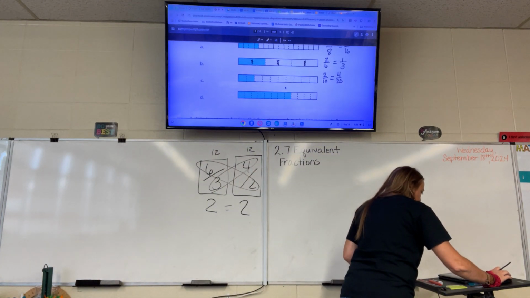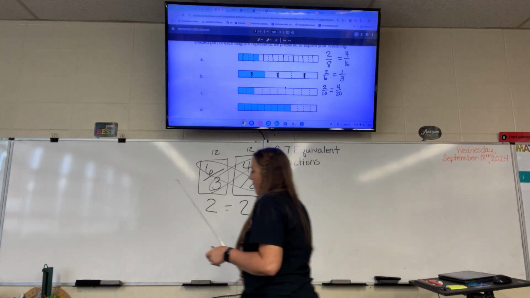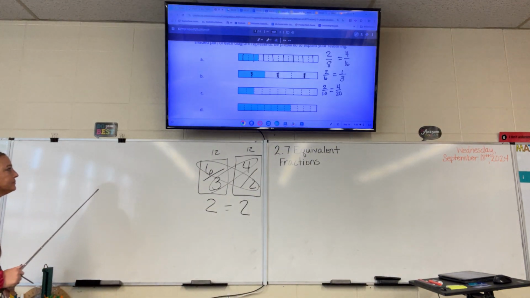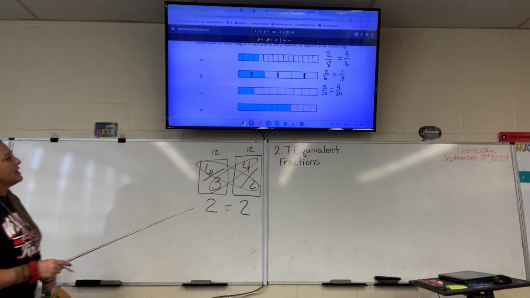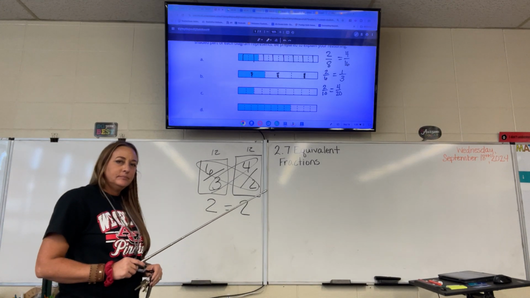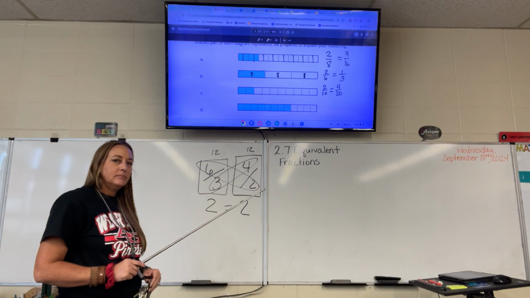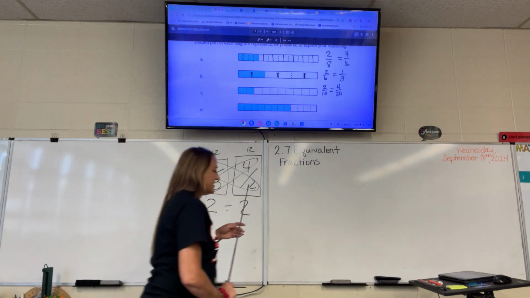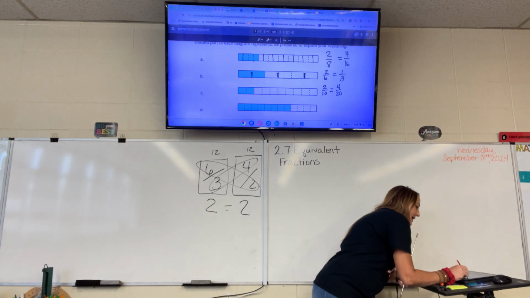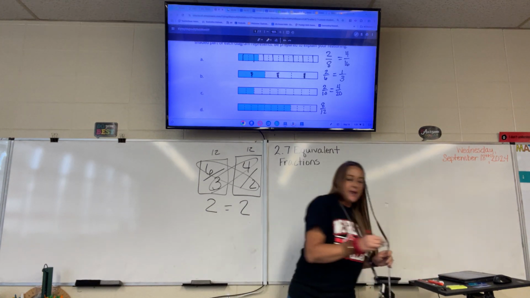All right, one more of these guys. Haziel, what fraction is shaded on D? 8/12, that's correct. 8 out of 12, or 8/12.